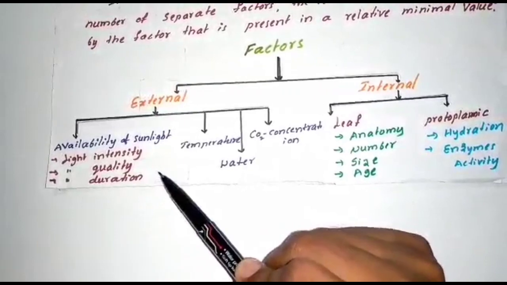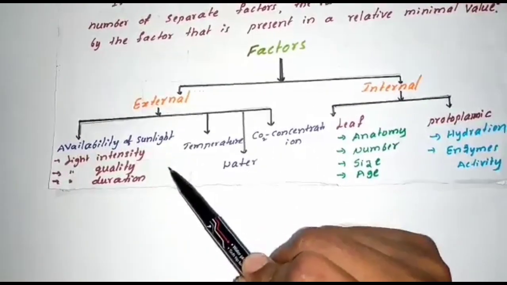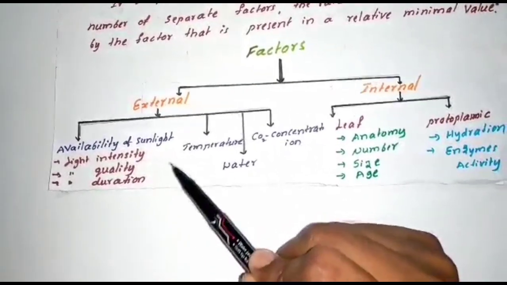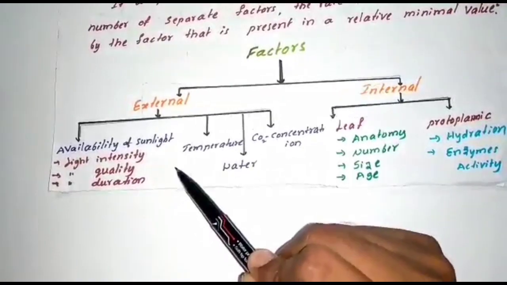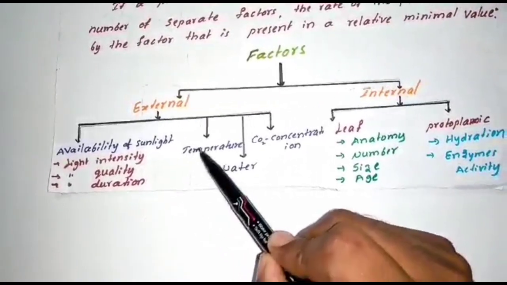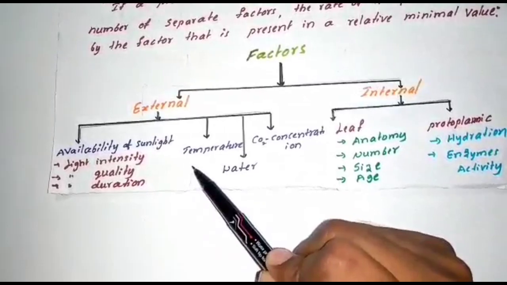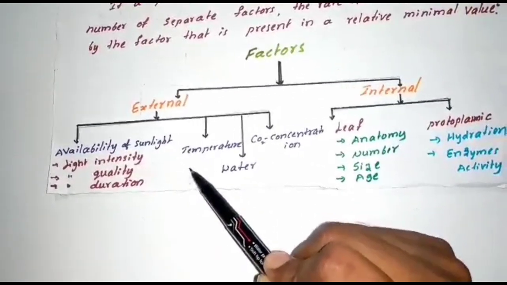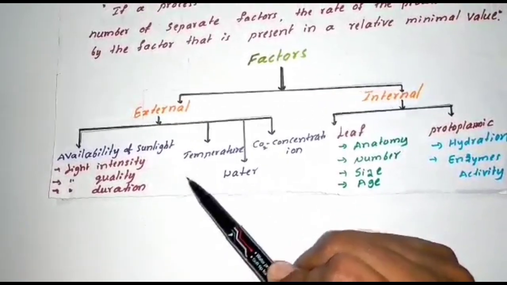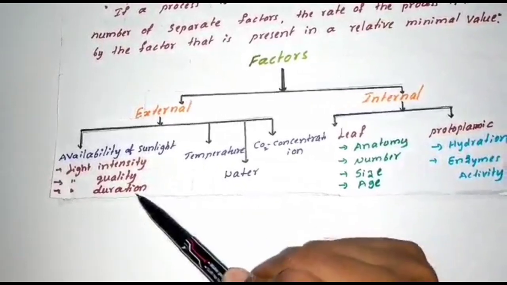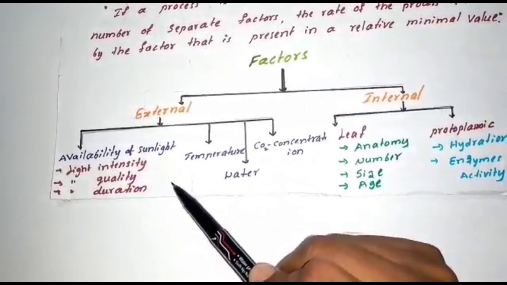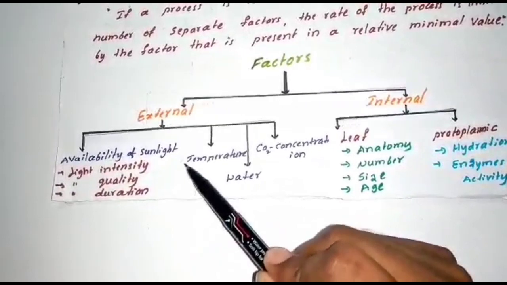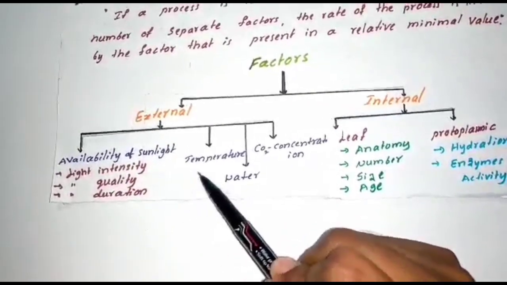When a plant is exposed to sunlight continuously, the rate of photosynthesis is measured. Then when the leaf and chloroplast are exposed to sunlight discontinuously, the rate of photosynthesis is estimated. When the light falls discontinuously, the rate of photosynthesis is maximum. In the sense, discontinuous light gives a higher rate of photosynthesis than continuous light.